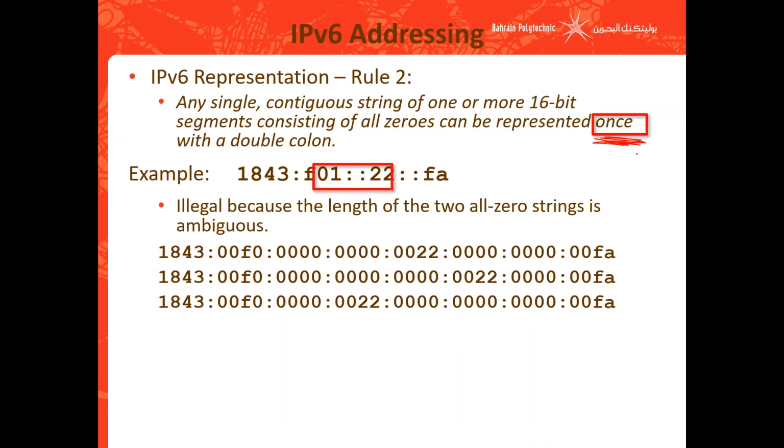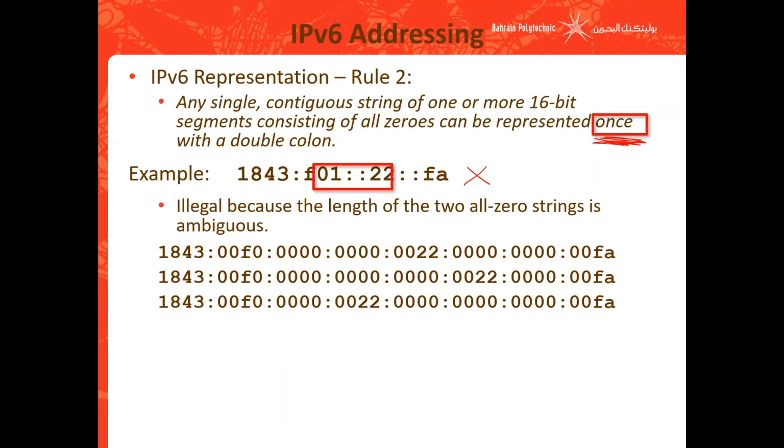You can't have the double colon twice. For example, this will be invalid, because when you put double colon, the system tries to figure out how many hextets are missing, and then when it finds out how many are missing, it just fills all of them with zeros.